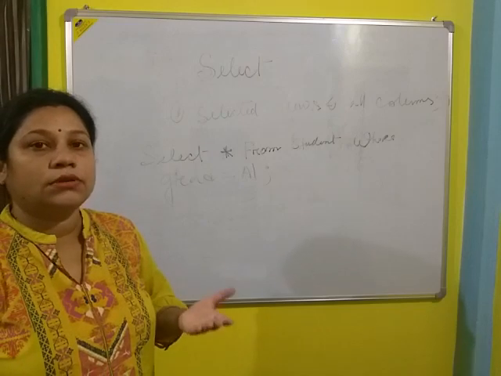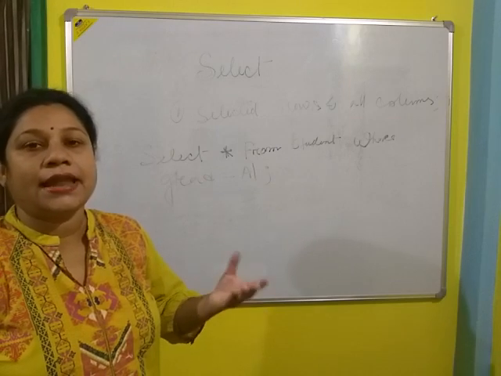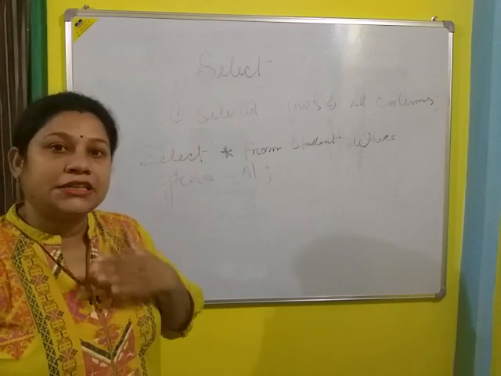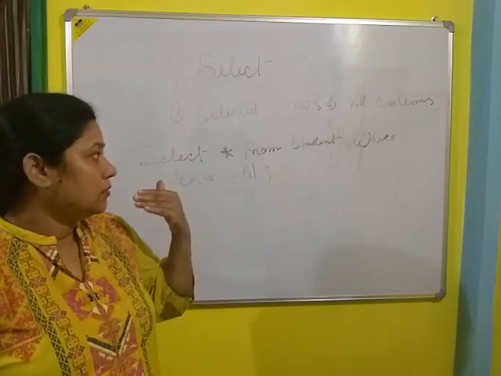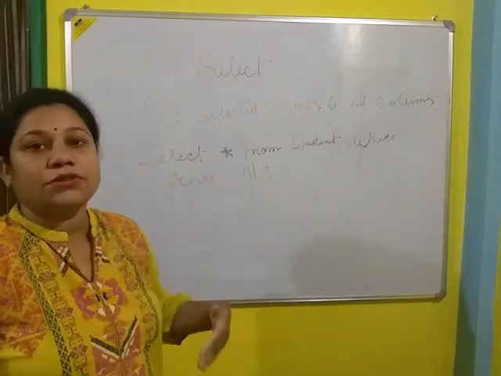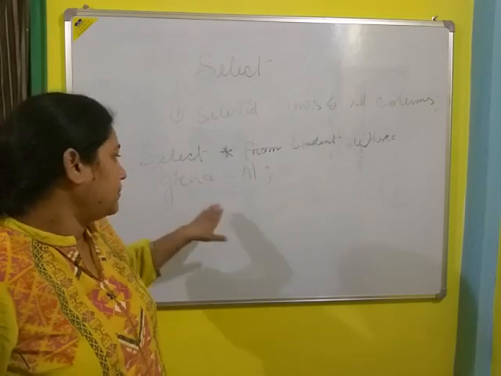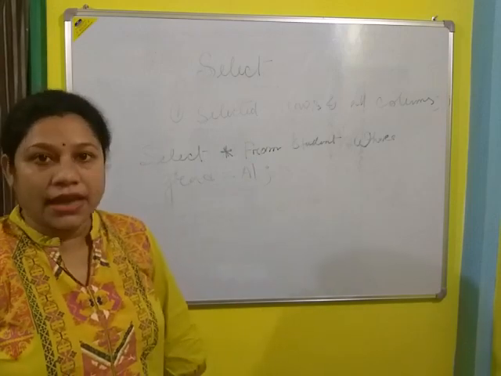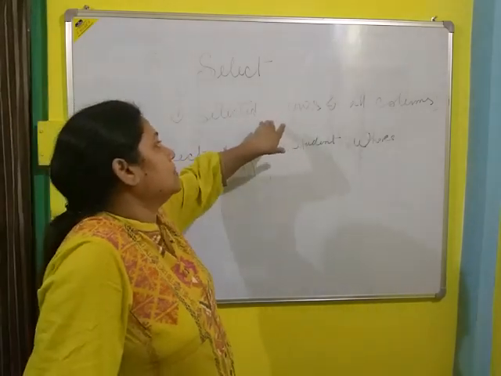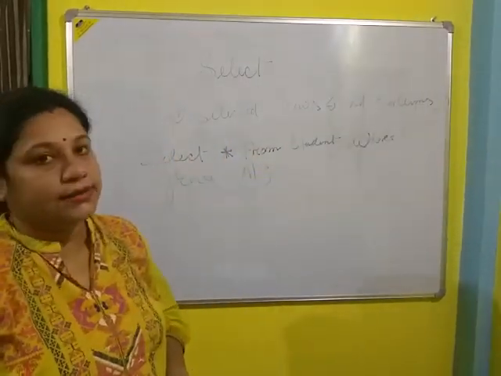For example, there are many grades, like grade 1, grade 2, grade 3, etc. But instead of displaying all the students belonging to different grades, I just want to display the names of those students that belong to grade A1. By using this statement you can display selected rows and all columns from the table.